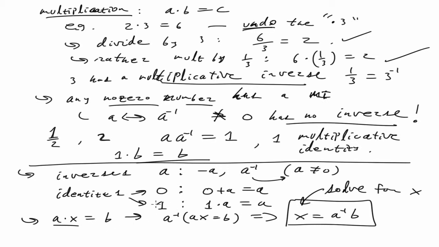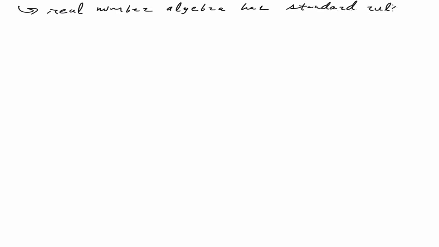Okay, and one nice thing about this, I'll talk about this in one more sense. So also, real number algebra has the standard rules. The first rule, of course, is associativity.